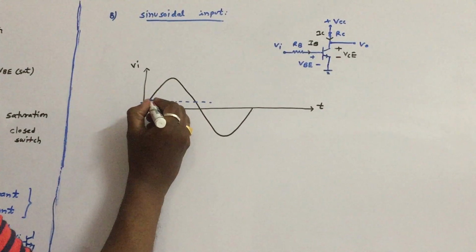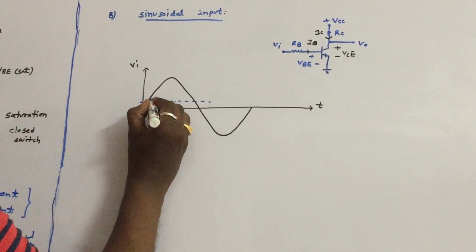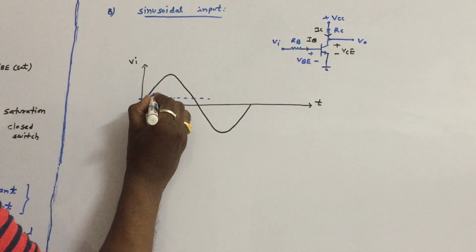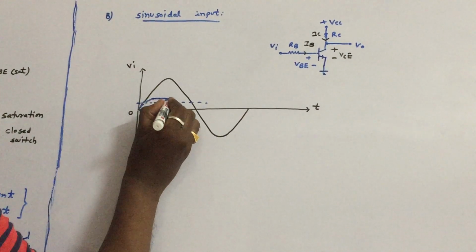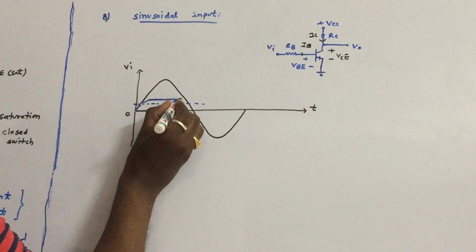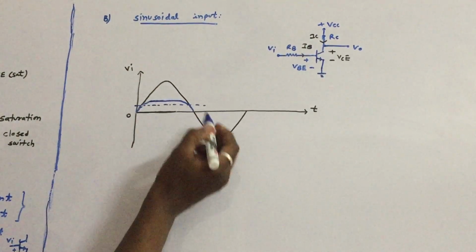Once the base to emitter voltage crosses VBE cut-in, it deviates, similar to the previous example, and after a certain input it enters into VBE saturation. Like this we have to mention.